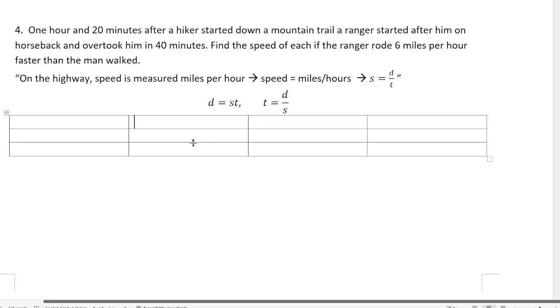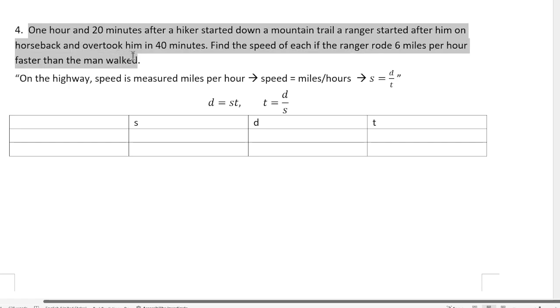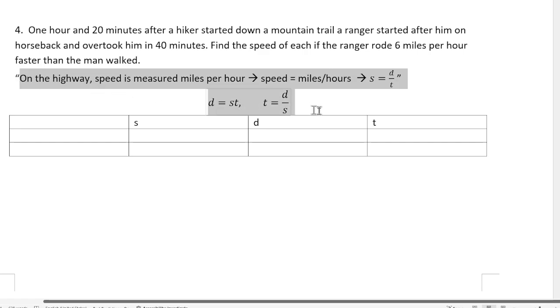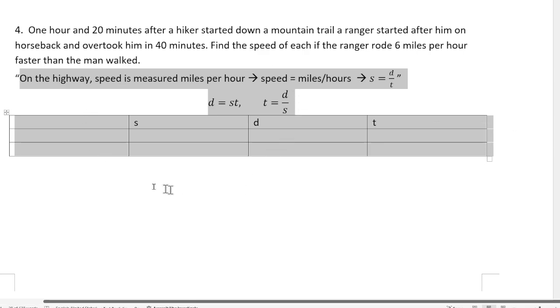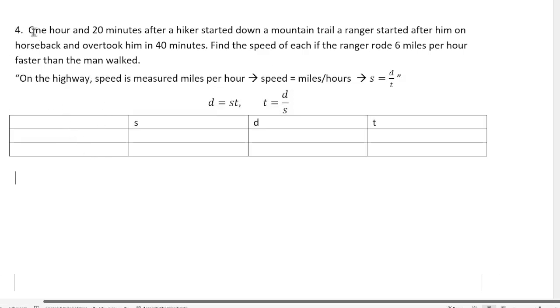So there's the speed, distance, and time. It doesn't have to be in this order, just make sure that you have speed and distance and time to fill in. This part will be common for any word problem dealing with speed, so just make sure that you have these ready. Now let's read the question.